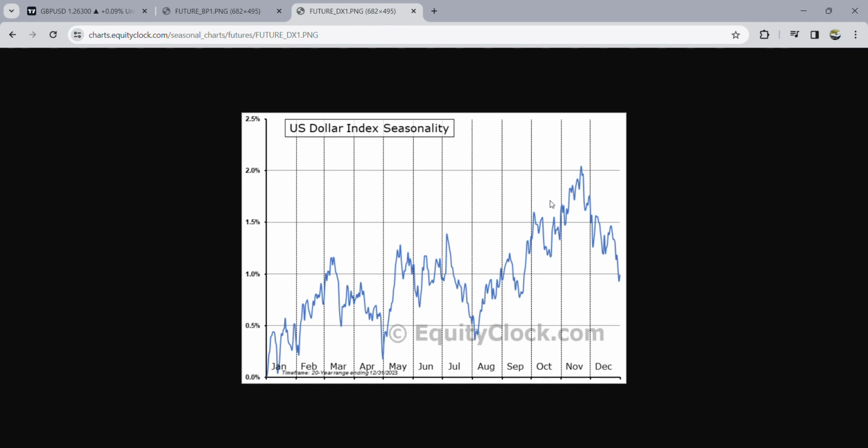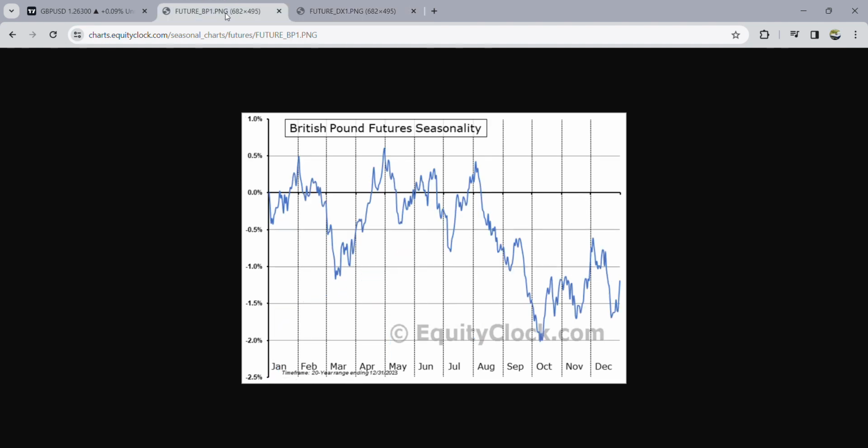So we're going to cut it back to the start of September until the end of October. We're going to use that range, but we're going to focus on the middle of September until the beginning of October, because that's when the high and low of the seasonal charts are made. And we are only going to be looking at selling.